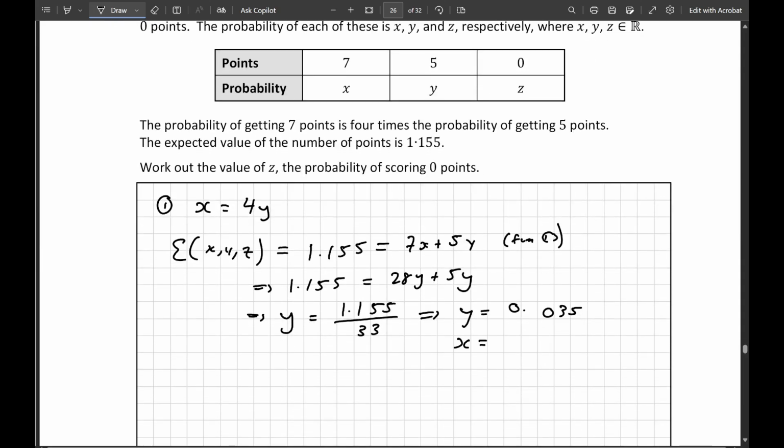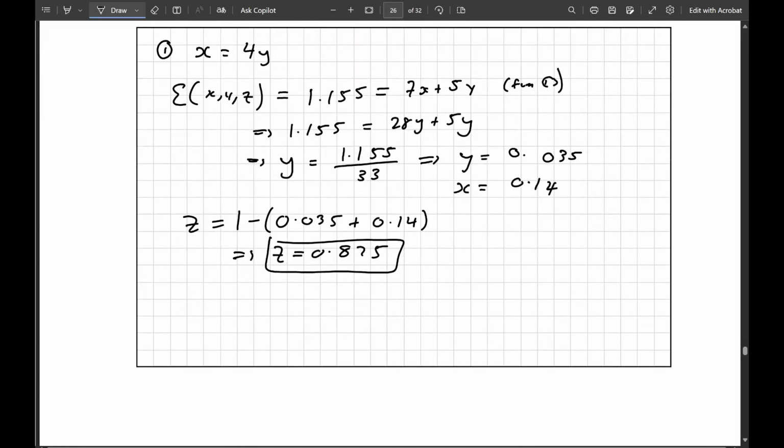X is just 4 times that, so 0.14. So Z is 1 take away 0.035 plus 0.14. So 0.035 plus 0.14, 1 minus that, we get 0.825. I think that's a 2.